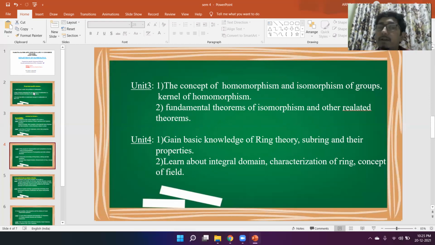So what is a field, what are the types of fields, and what are the properties of fields, like the field of real numbers and the field of complex numbers. So this is all about your Algebra. Algebra is one of the main parts of pure mathematics, and it definitely helps you to develop your logic in pure mathematics.